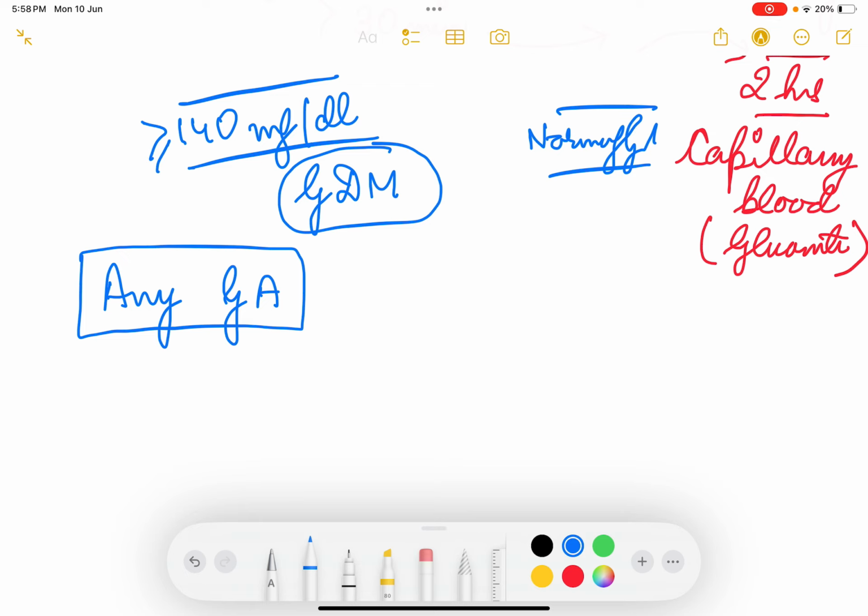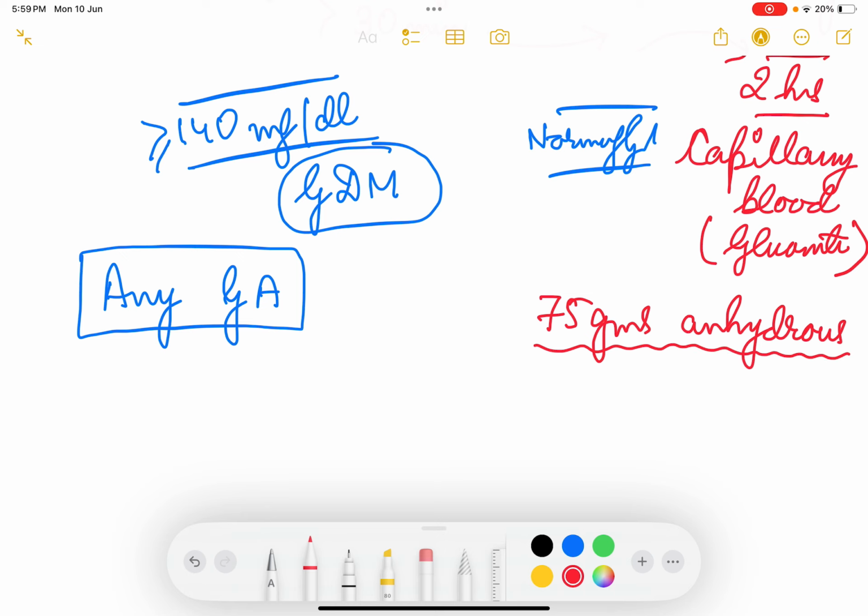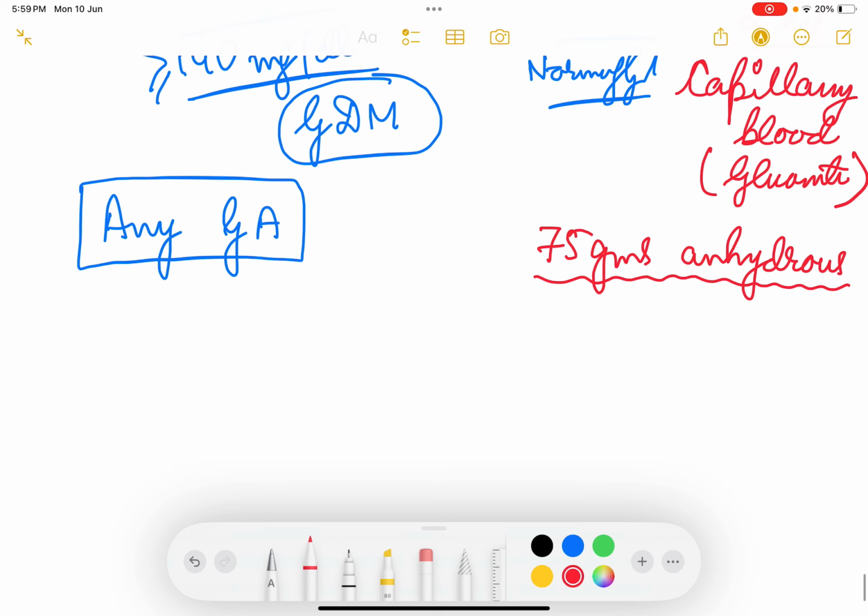Okay, always remember this 75 grams of glucose what you are giving is actually anhydrous glucose. Okay, so this is a special packet of glucose that comes in the primary health centers and CHCs. But suppose this anhydrous glucose is not available and you ask the patient to get Glucon-D from the market.